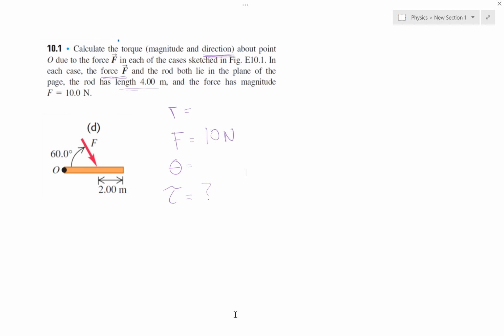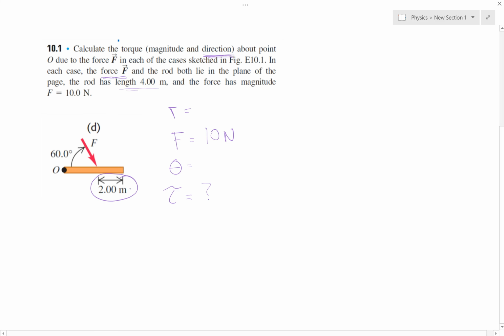The second major thing that we're going to notice is that the force is no longer being applied in the same place. In the other problems, the force was at the very end of the rod, the full length. In this problem, the force is 2 meters away from the end of the rod.